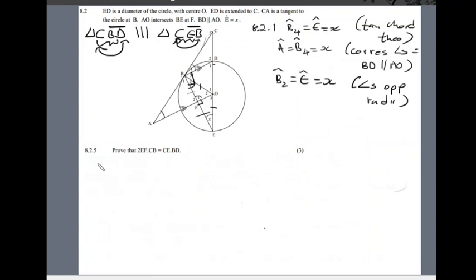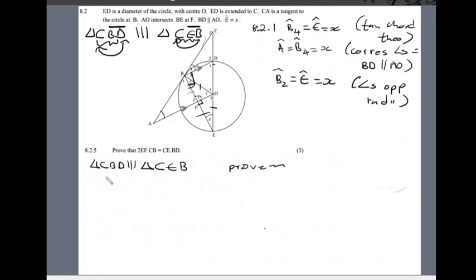From 8.2.4 we know that triangle CBD is similar to triangle CEB, right? This was proven from 8.2.4, right?